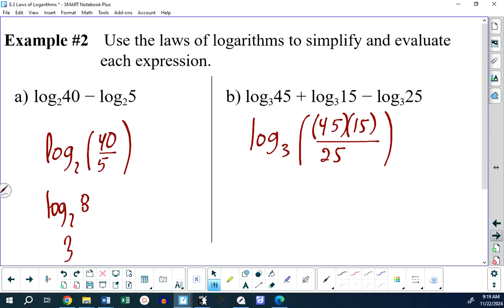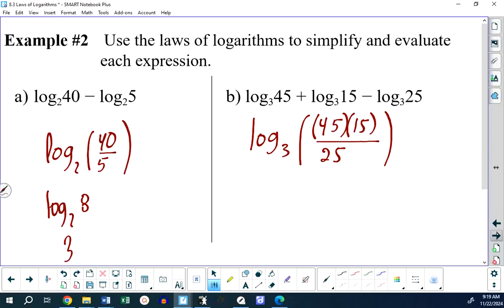You could also divide 45 by 5 and 25 by 5 and start reducing it down. We're going to have 9 and 3. So do me a favor and work out what that new argument is going to be. That's 3 and 5. It's going to be 27. I mean, you could figure it out by canceling some 5s and going from there.